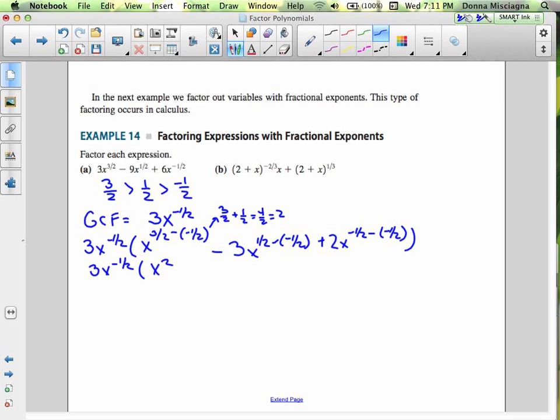Then we have 1 half minus a negative 1 half, which is the same as 1 half plus 1 half. That's just 1. So this would be minus 3x. And then we have negative 1 half plus 1 half, that's just 0. And so this would be, oops, we lost an x there, and that would just be plus 2.